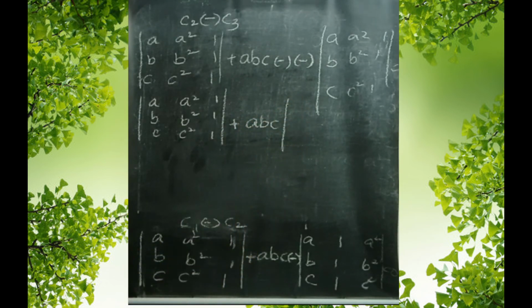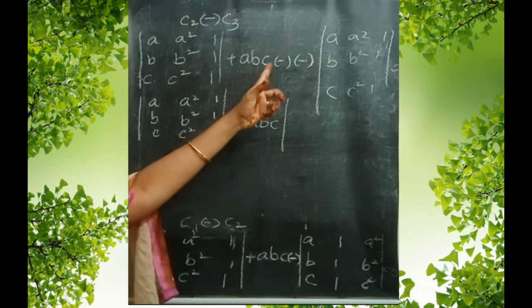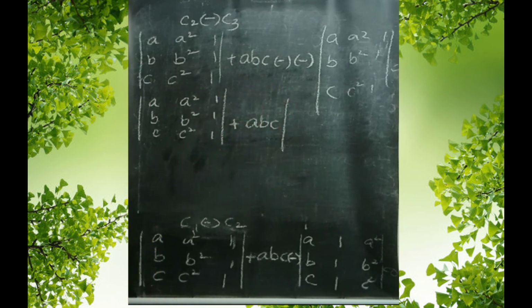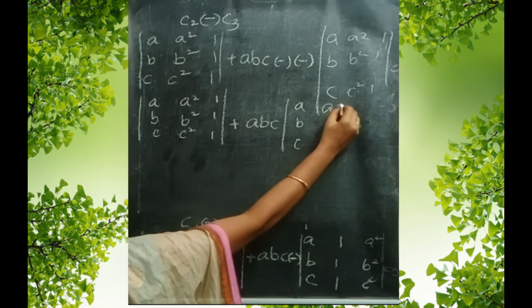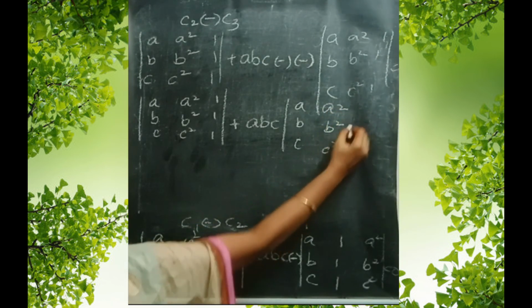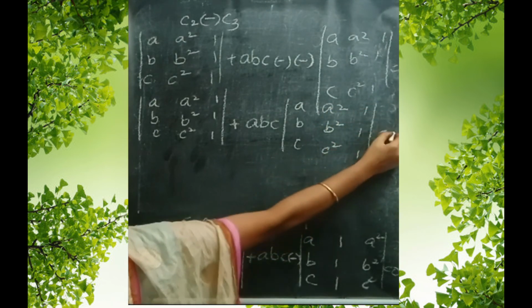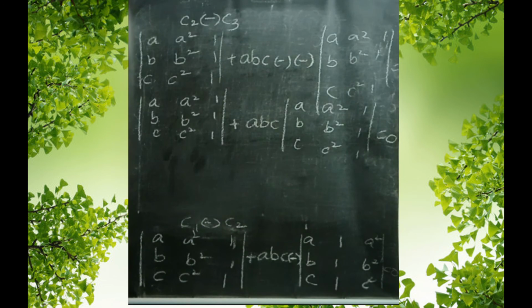Now you can understand. While interchanging a single row or column with another, you get a minus in front of it. If you do it two times, minus into minus becomes plus. So the determinant of A, B, C, A square, B square, C square, 1, 1, 1 equals 0.